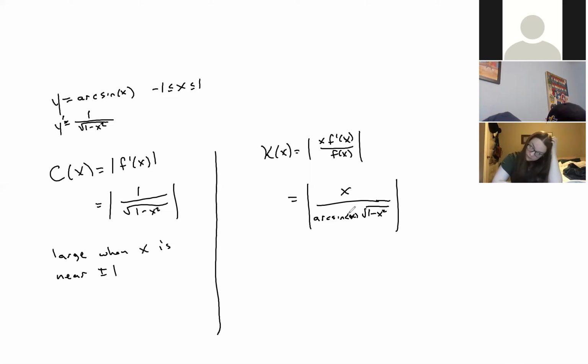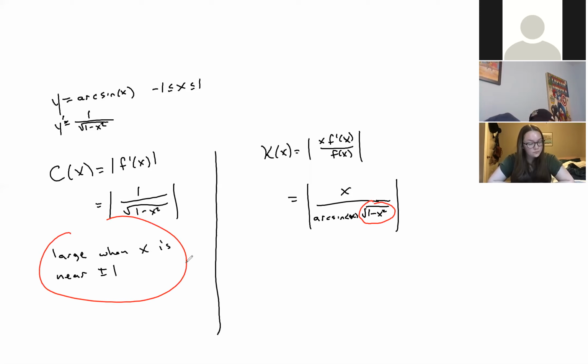Again, because of this piece in the denominator, if x is close to 1 or -1, then you're going to have trouble, right? So you could take the same thing and say it over here too for the relative condition number.